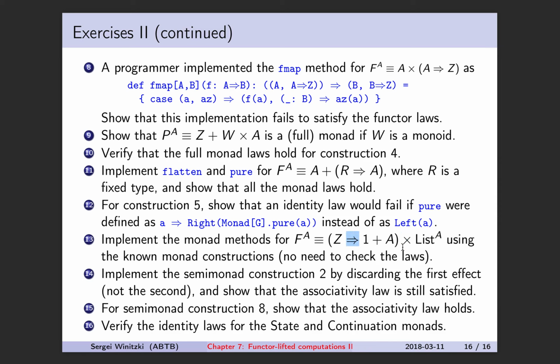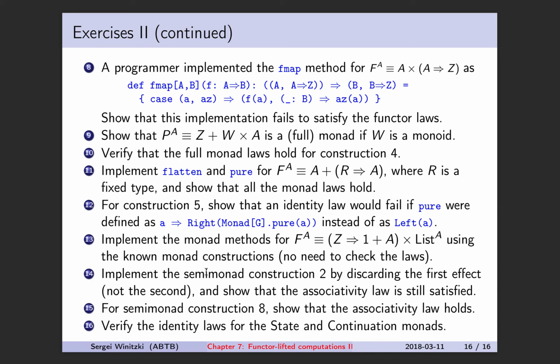So you don't have to guess how to implement the monad here, because you have each step of the constructions showing you how to implement flatten given previous monads implementation. But of course, if you feel like guessing from scratch, then you can implement the monad method for this from scratch.